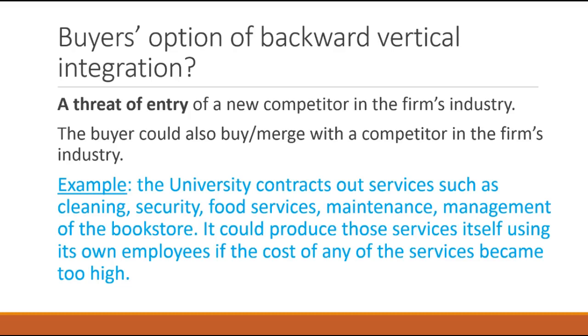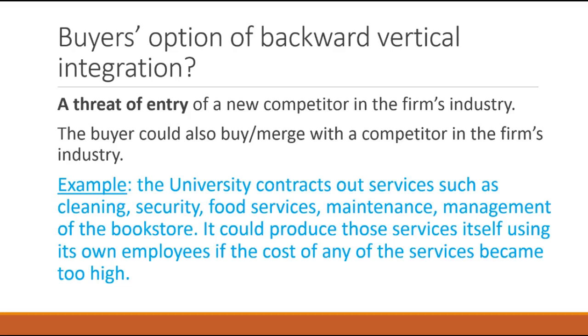They had their own security people. Large universities like the University of Toronto actually has its own police force. They ran their own cafeterias with their own employees. They maintained their buildings. They owned their bookstores and so on. So they produced all those services themselves.